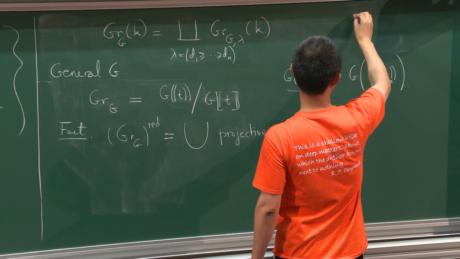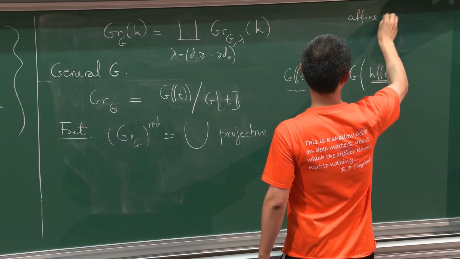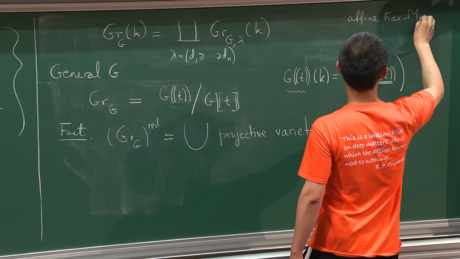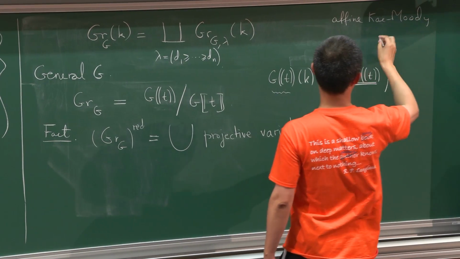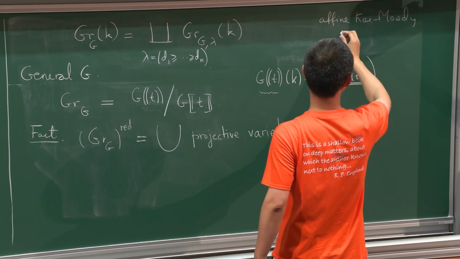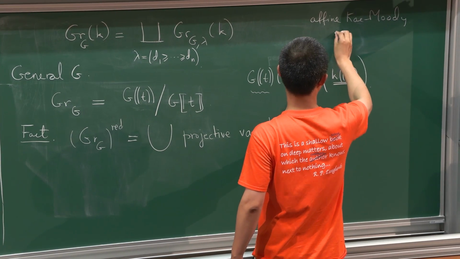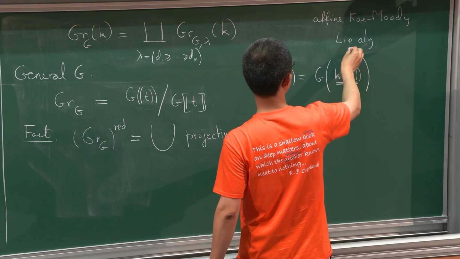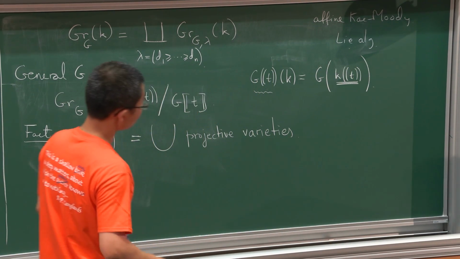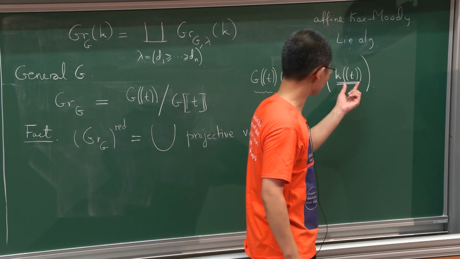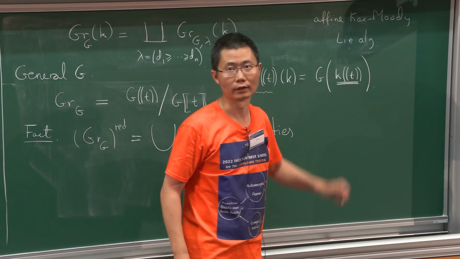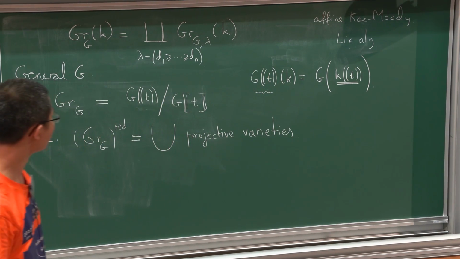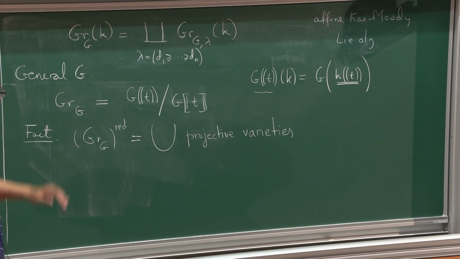We have affine Kac-Moody Lie algebras, which are an infinite dimensional version of finite dimensional Lie algebras. And passing from finite dimensional Lie algebras to affine Kac-Moody algebras means you're adding double brackets. It does not mean that this variety is affine.